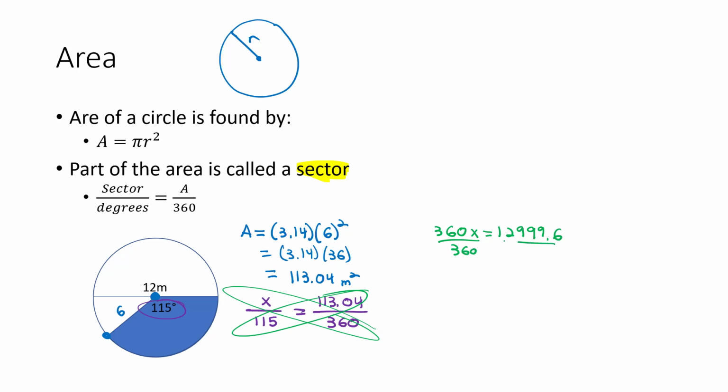Divide both sides by 360. And x, our sector area, is equal to 36.11 square meters. So we've got 36.11 square meters in that sector.